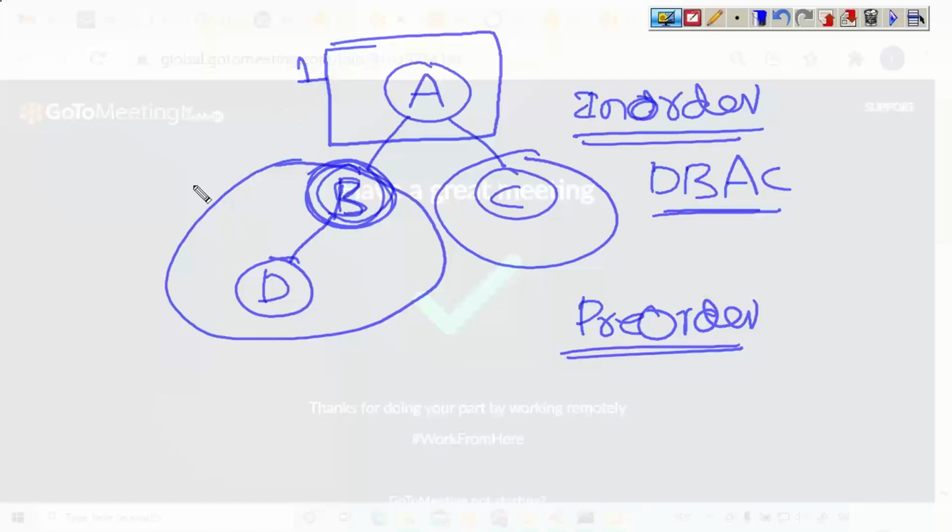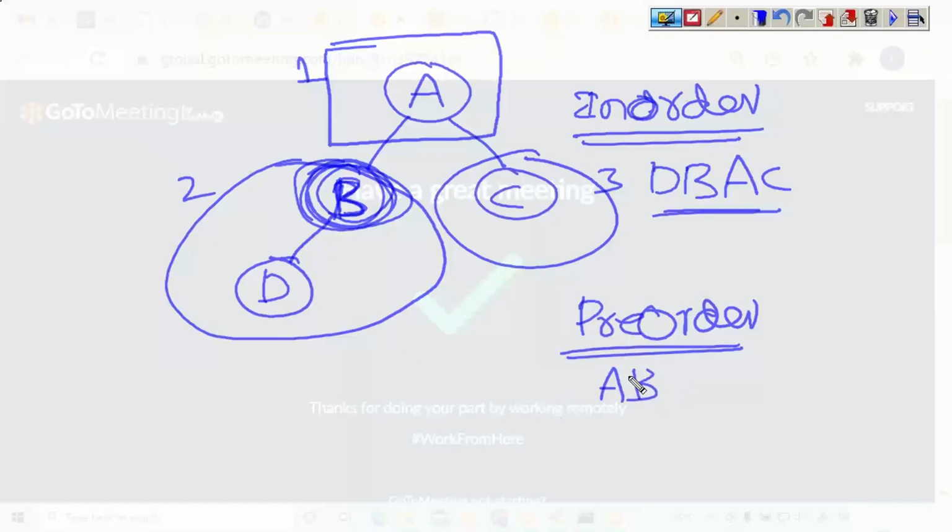This is first, this is second, this is third. So it starts with A. In pre-order, first the root A, then the left side. In the left side there is a subnode. For this also, pre-order: first B, then the left side, then the right side.